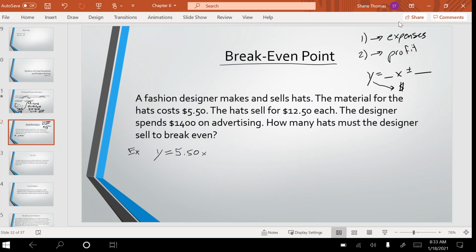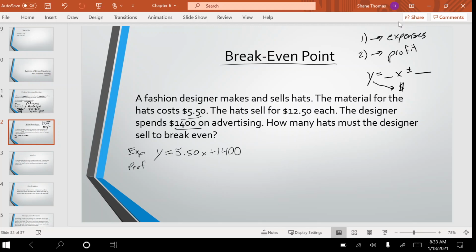Is there any other expenses I have? Advertising, correct. Now that doesn't say $1,400 per month or anything, does it? It just says a straight $1,400. So maybe I bought a billboard or something like that. Okay, so we'll take that $5.50 times every hat, and let's add on 1,400. So there's my expenses.